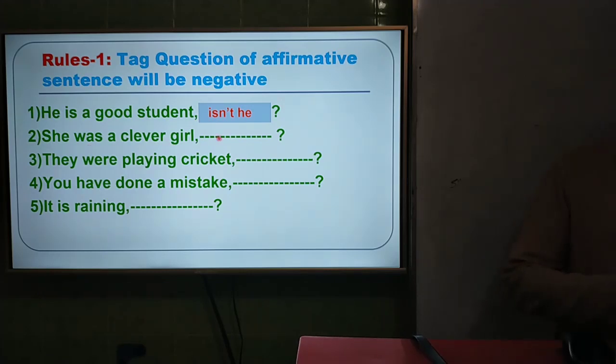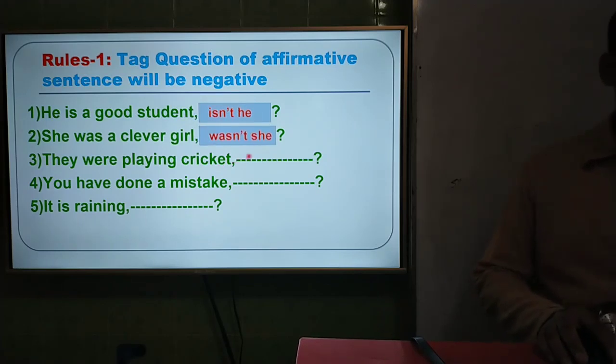So dear students, what is the short form of was not? The short form of was not is wasn't. So the answer will be wasn't she. Here the subject is she, so here also we have to use she.